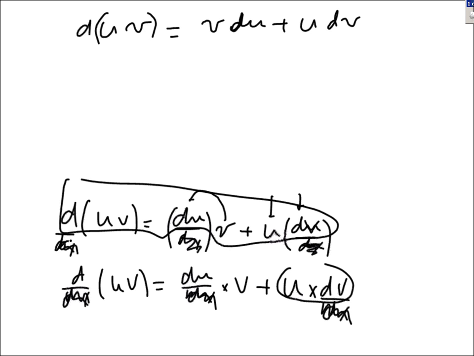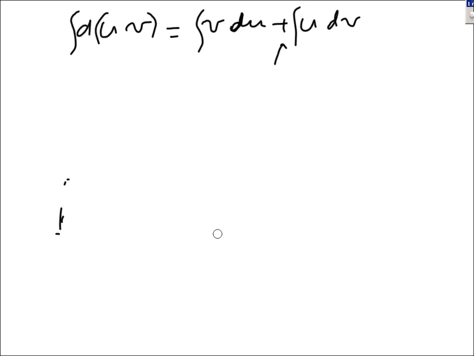Now we integrate both sides. Remember, if you have a sum, you take the integral of them separately. Okay? And then the next thing is the integral of a derivative.